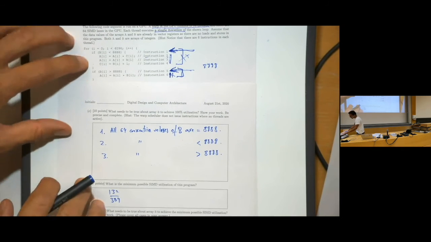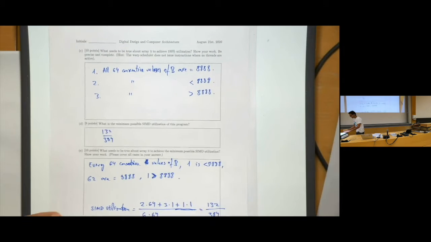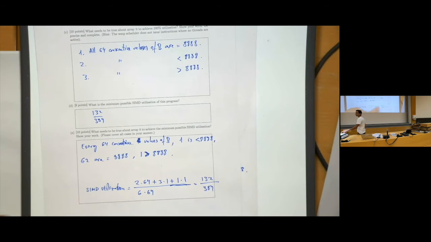Because in total there are 6 instructions, I want at least one thread to execute each of the 6 instructions. This way, the number in the denominator will be larger and the total utilization goes down. Let me know if there are any questions.